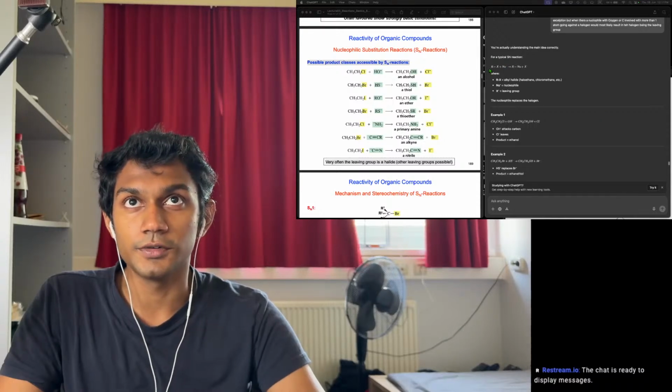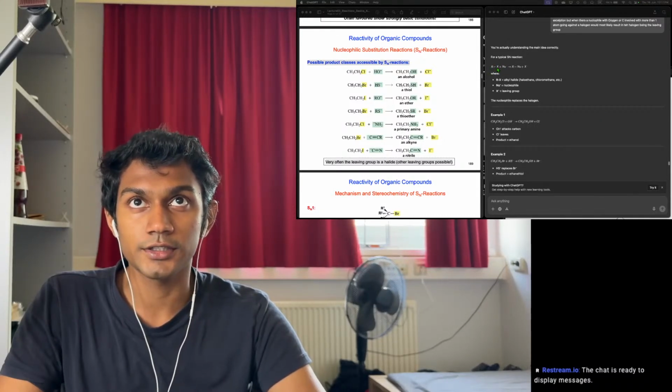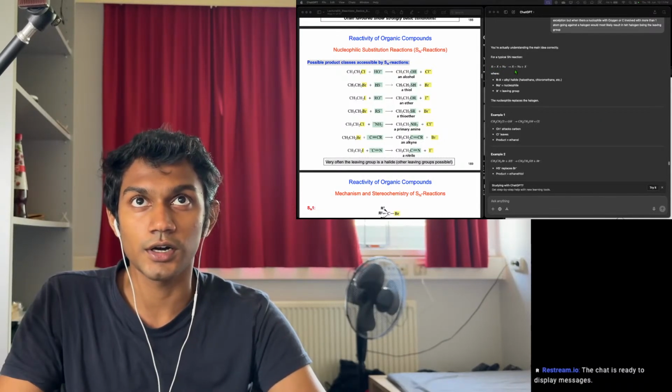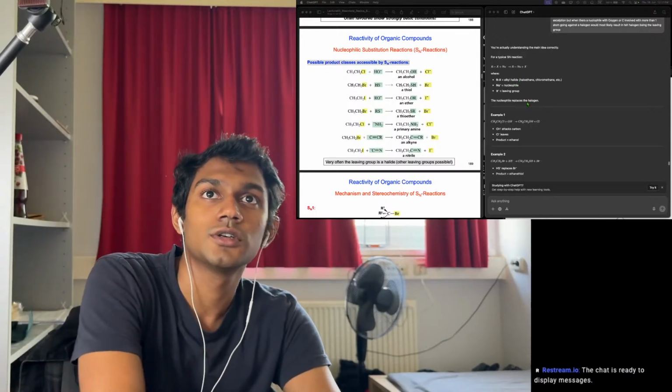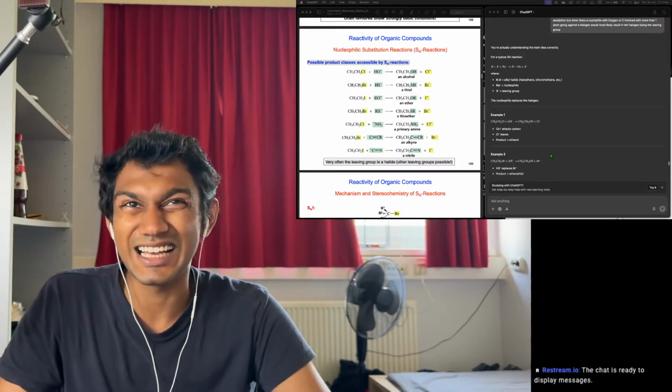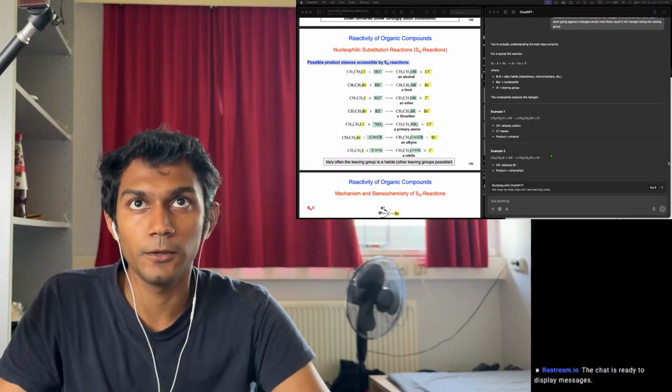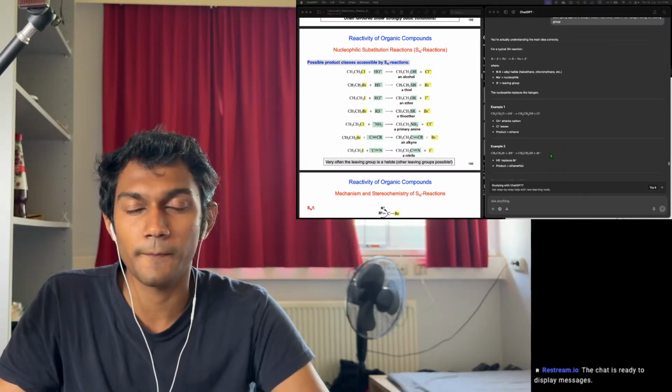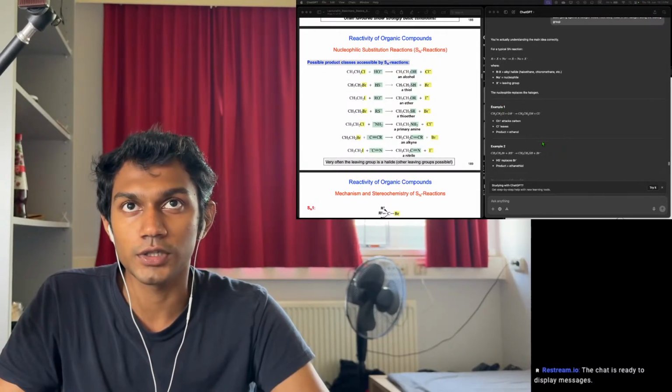For a typical SN reaction, RX plus Nu minus gives R-Nu plus X minus. Alkyl halide. Nucleophile replaces the halogen.